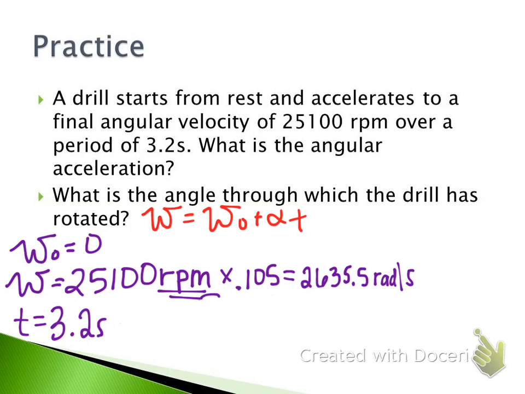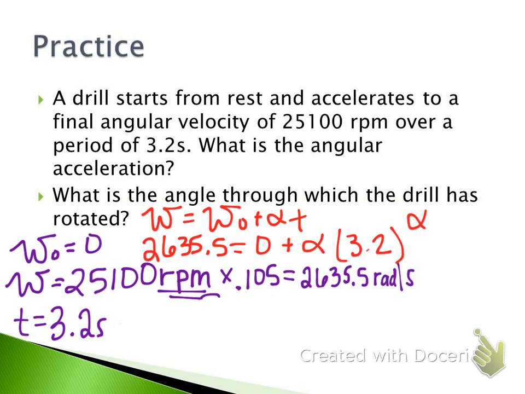We know final angular velocity, 2,635.5, equals 0 plus alpha times 3.2, which gives us an angular acceleration alpha of about 823.6. Units for that are, of course, radians per second squared.